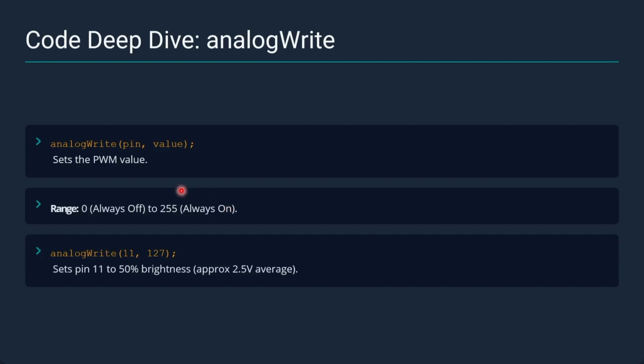This is why we often map the 0 to 1023 sensor input to the 0 to 255 PWM output. For example, analogWrite(11, 127) sets the LED to roughly half brightness. So it will not take full brightness, just half brightness, that is 50%, approximately 2.5 volts average.